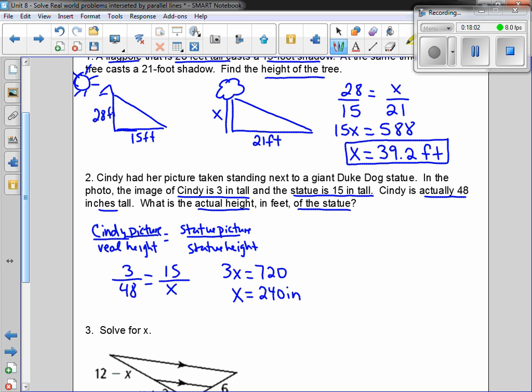So I need to know that there are 12 inches in a foot. So I'm going to take the number of inches and divide it by 12. And that's going to tell me that the statue is 20 feet high.